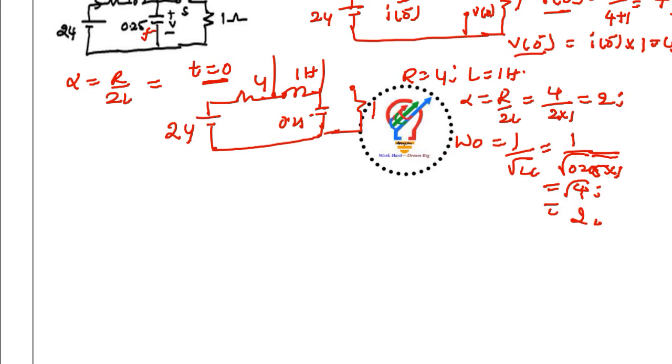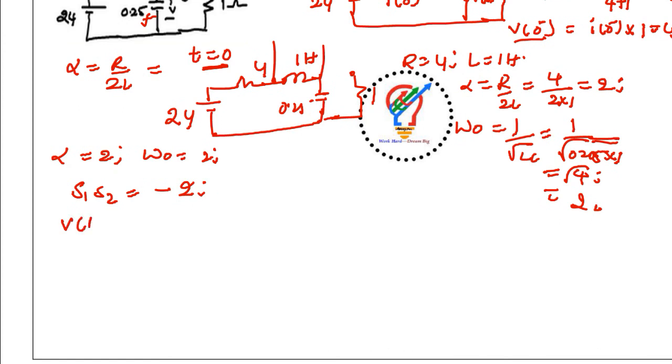So alpha is 2 and omega naught is 2. What are S1 and S2? S1 and S2 are equal to minus 2. Now, what is V of t? V of t is equal to the steady state voltage plus (A1 t plus A2) into e to the power minus alpha t, that is minus 2t. So what is VSS?